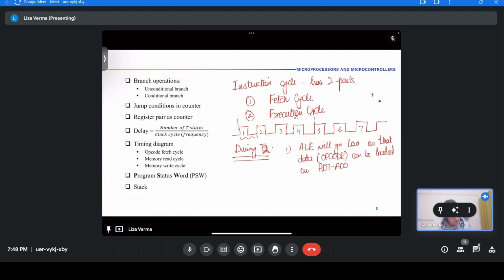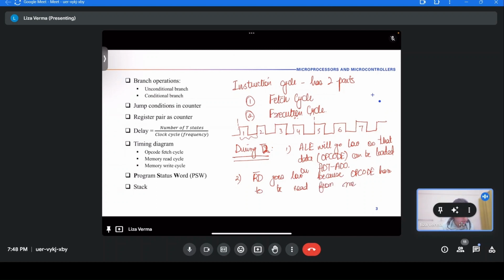What else happens? Since now data has to be read, I was jumping ahead of myself. So during T2, our read signal goes low because the opcode has to be read from memory.